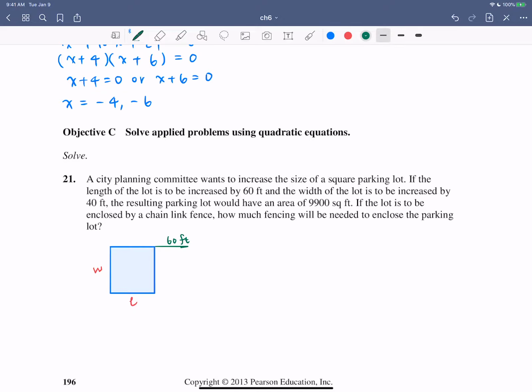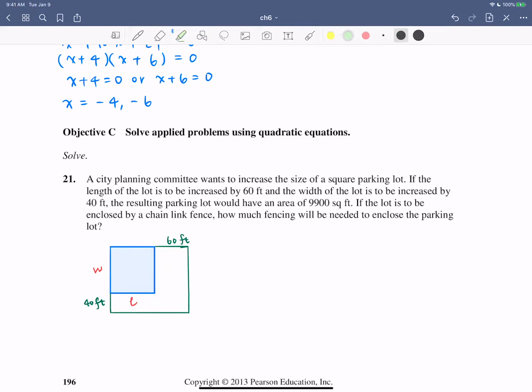And then the width is increased by 40 feet. So let's make it slightly shorter than what we did. And this is 40 feet. The resulting parking lot will have an area of 9,900 square feet. To demonstrate that, I'm going to connect this part and this part.